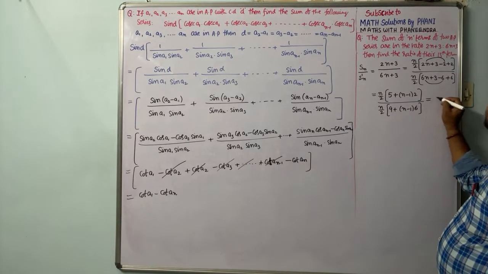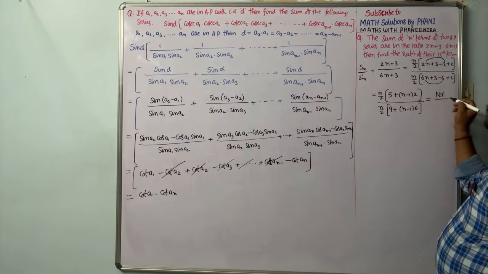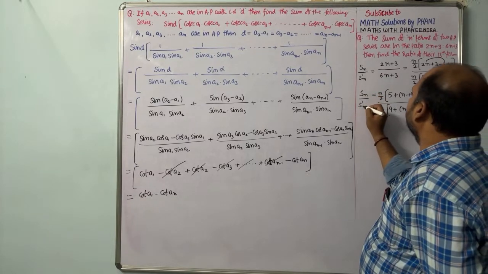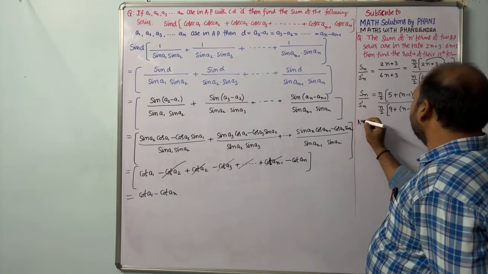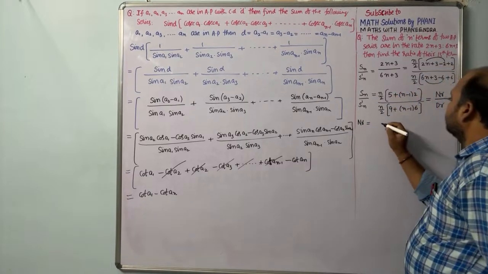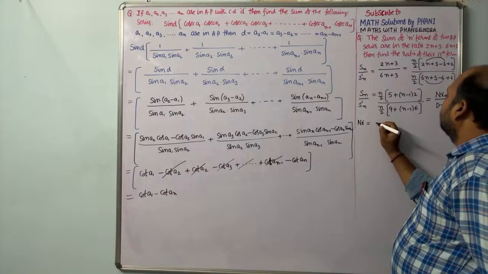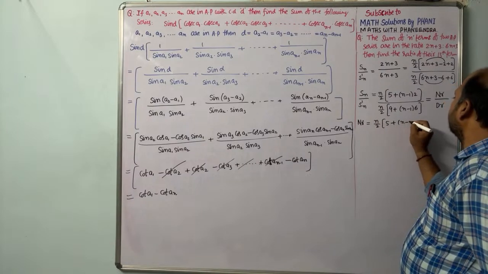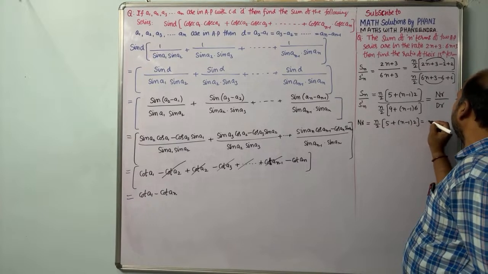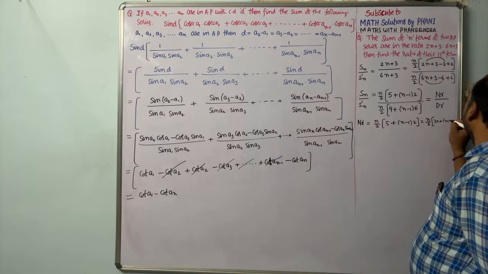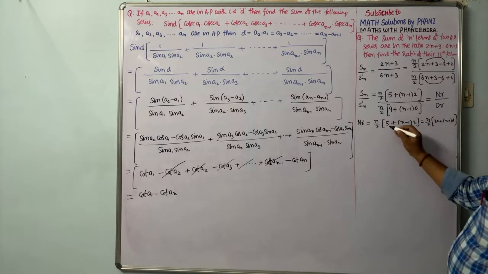So numerator, denominator. Numerator related to Sn, denominator related to S dash n. So numerator, compare with this: n by 2 into (5 plus (n minus 1) into 2) equals n by 2 into (2a plus (n minus 1) into d). So now compare.